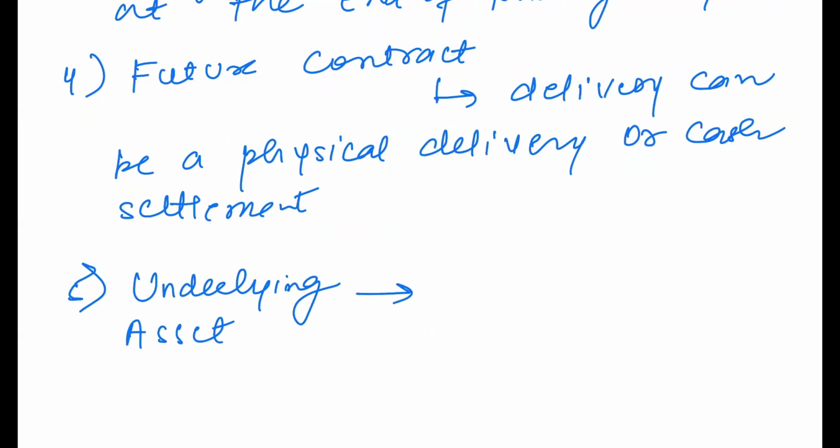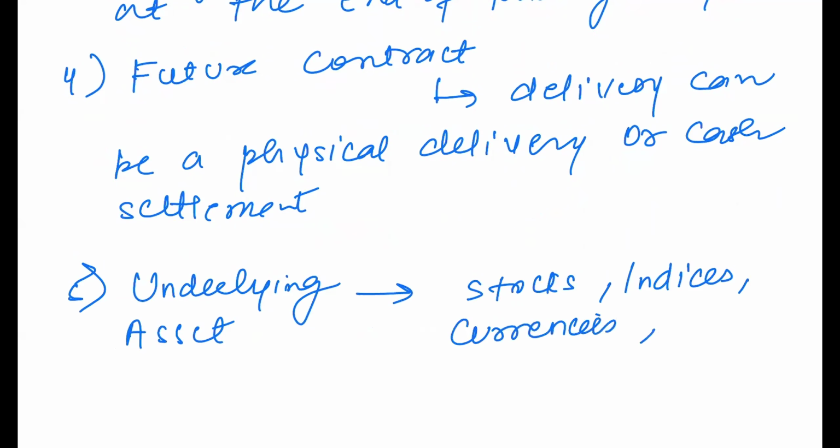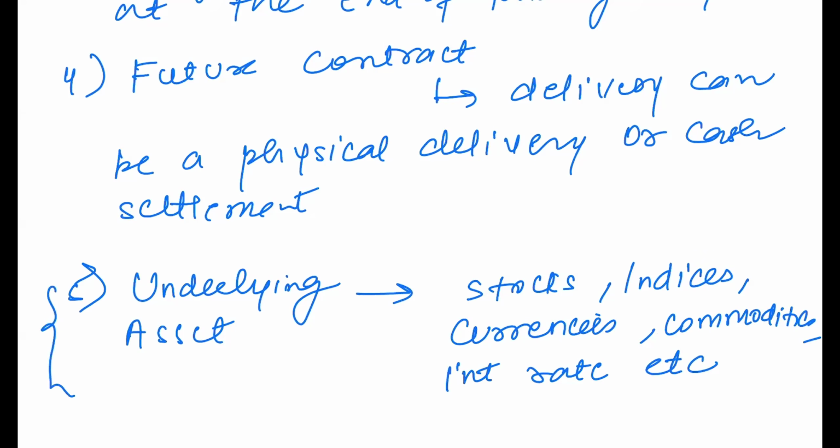What can it be? It can be anything. It can be stocks, indices, currencies, commodities, interest rates, etc. So we have all these underlying assets in a future contract.